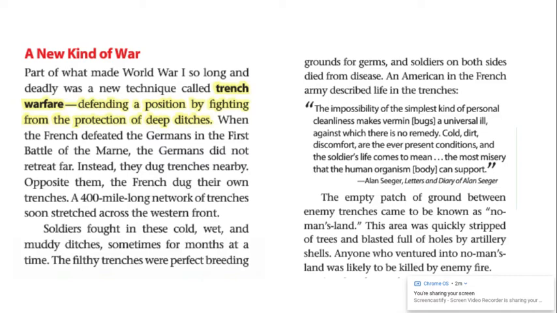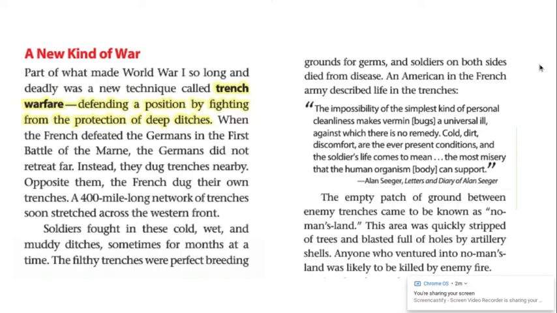When the French defeated the Germans in the First Battle of the Marne, the Germans did not retreat far. Instead, they dug trenches nearby. Opposite them, the French dug their own trenches. A 400-mile-long network of trenches soon stretched across the Western Front.